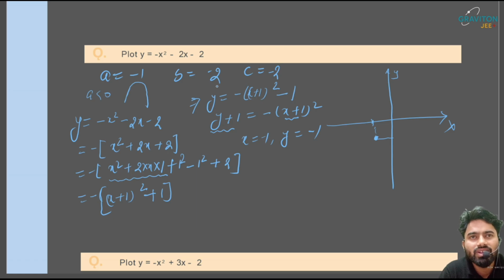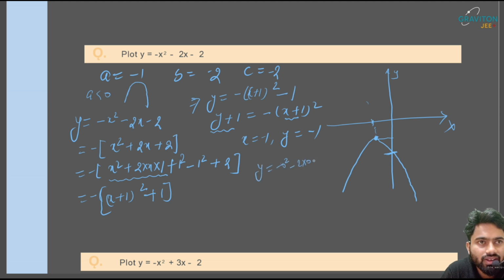And if you look at the sign of the leading coefficient, that is negative, so from here you conclude that the parabola is facing downward, right? So draw the parabola facing downward. And if you want to find where it cuts the y-axis, put x equal to 0. So if you put x equal to 0, you will get -2.